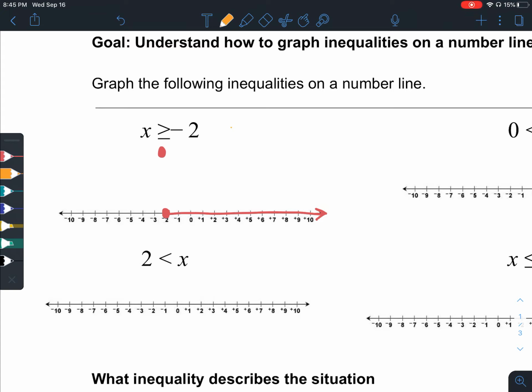Okay, then we're going to check our answer. Let's test a number. So we're going to do 0 is greater than or equal to -2, because 0 is right here on our line. That is true, so we know we graphed it correctly.